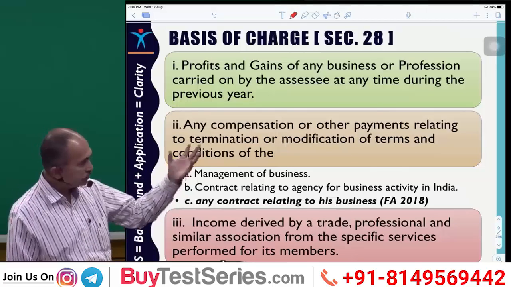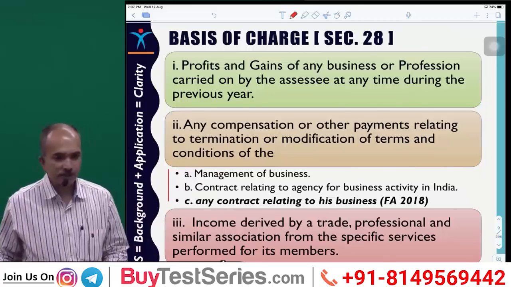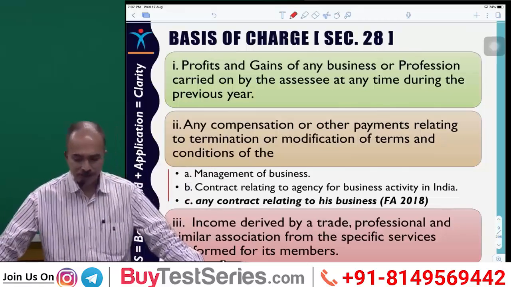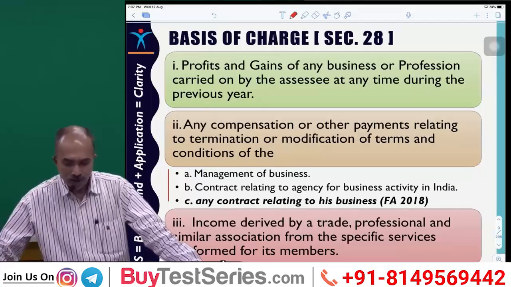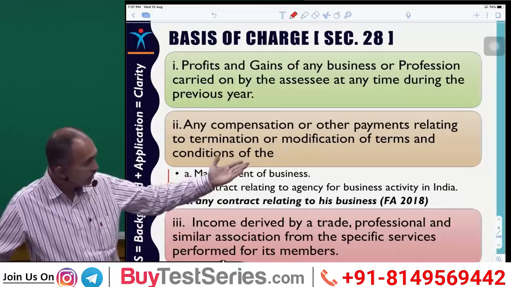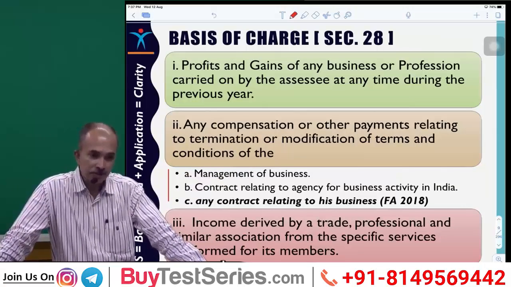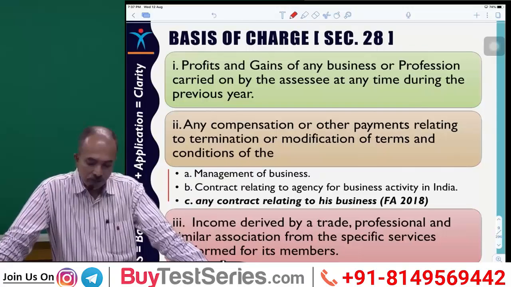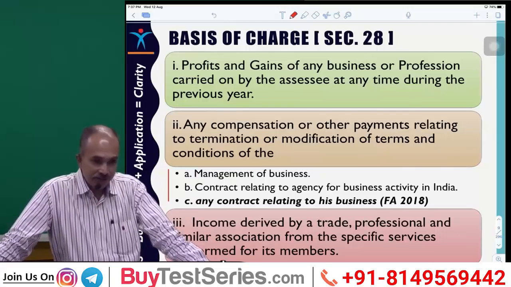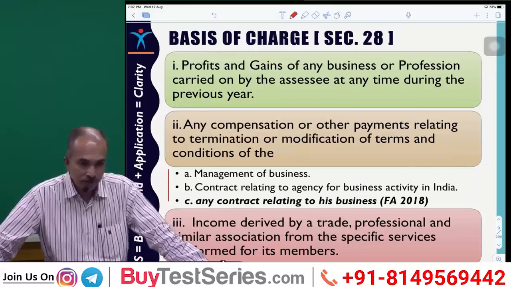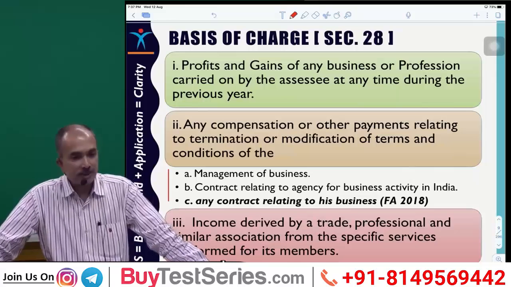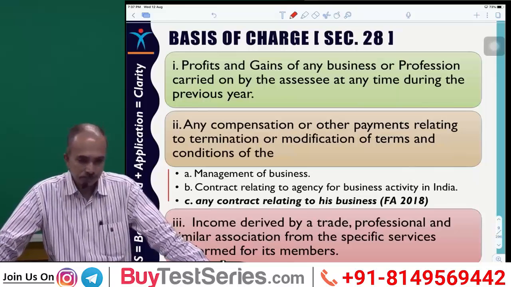Such a compensation will fit into business or profession. This compensation gets classified here. Or termination or modification of any contract relating to his business. So if there is any contract relating to your business which gets cancelled and you get a compensation from the other party, it will also be taxable as business income.